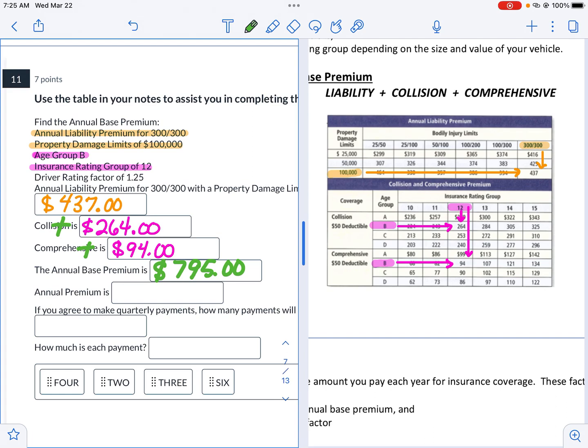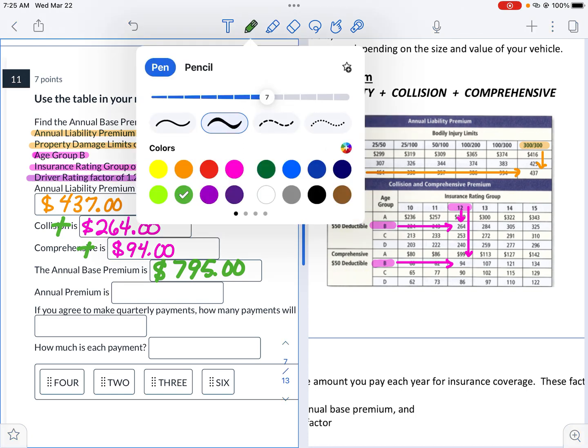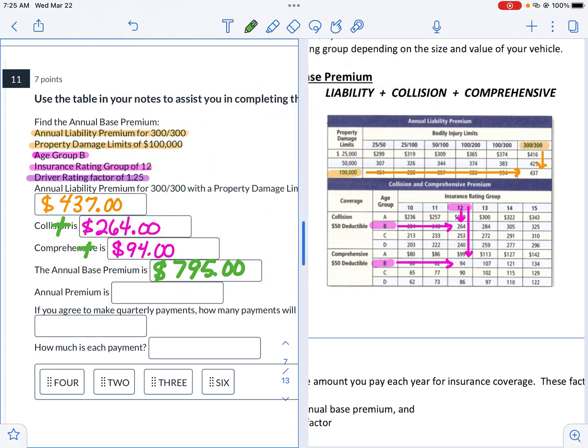Okay. Then what we notice, whoops, wrong color, is our driver rating premium is 1.25. So we are going to take $795.